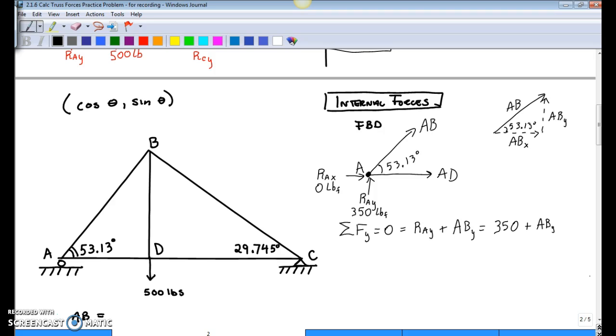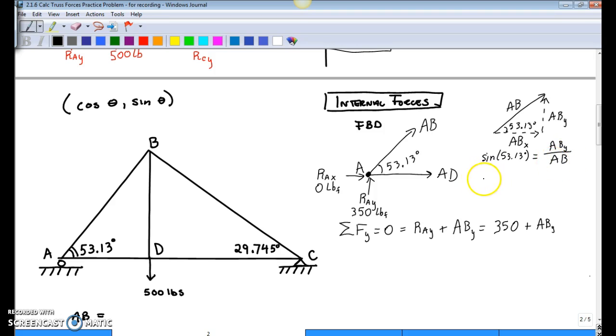Well, how do we solve for AB in the y direction? Sine of 53.13 degrees is equal to AB in the y direction over the full magnitude AB.